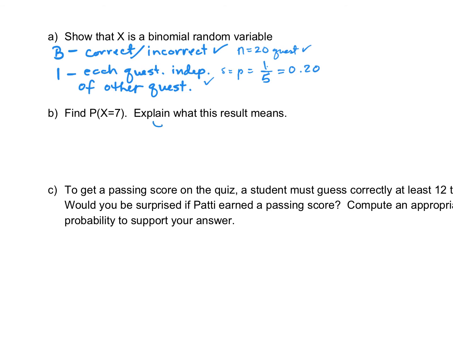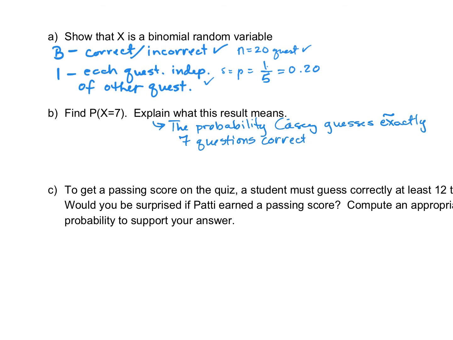So the explanation would be: the probability Casey guesses exactly 7 questions correctly is, and then we'll figure it out.